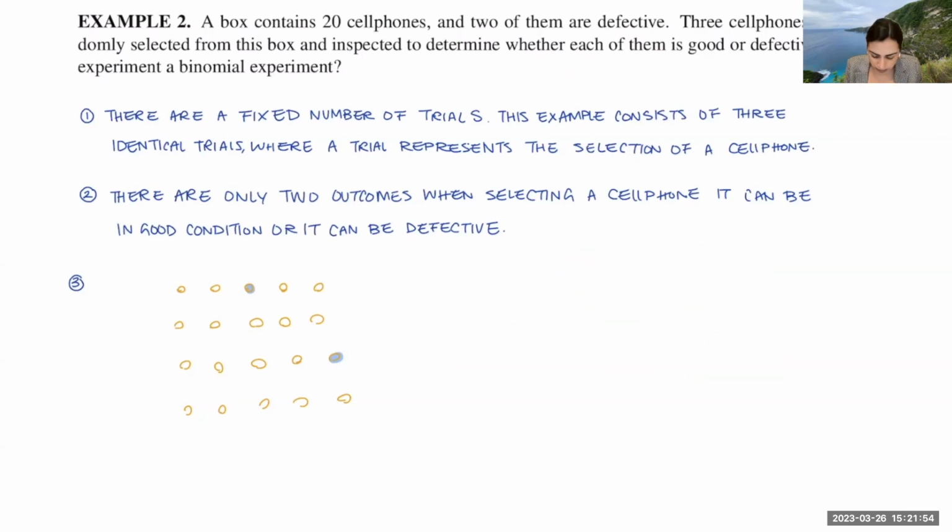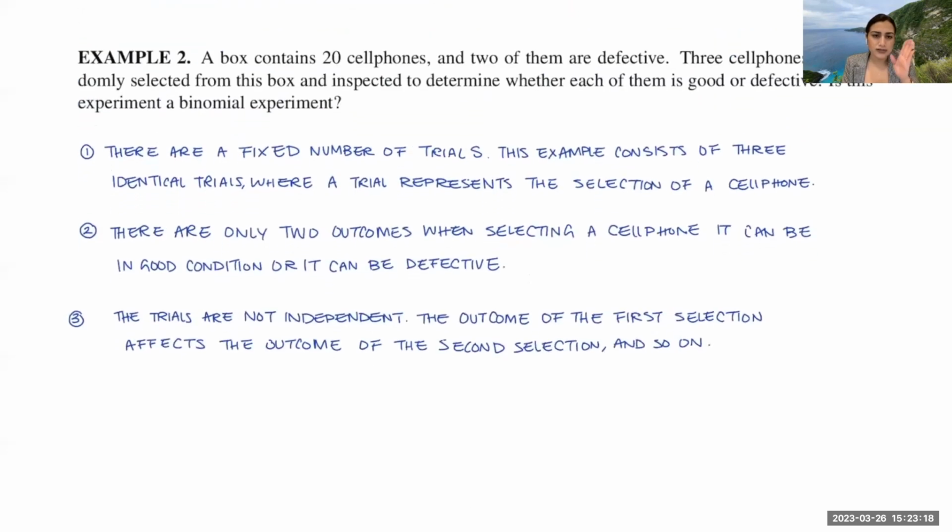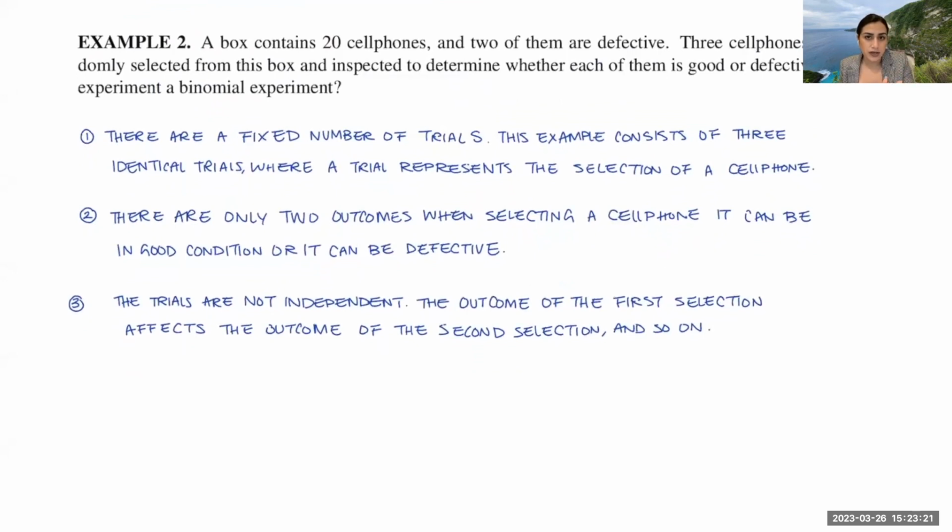Okay, so I'll try to figure out how to write this down for you all. The trials are not independent. The outcome of the first selection affects the outcome of the second selection, and so on. Once one of the conditions is broken, we don't have a binomial experiment anymore.